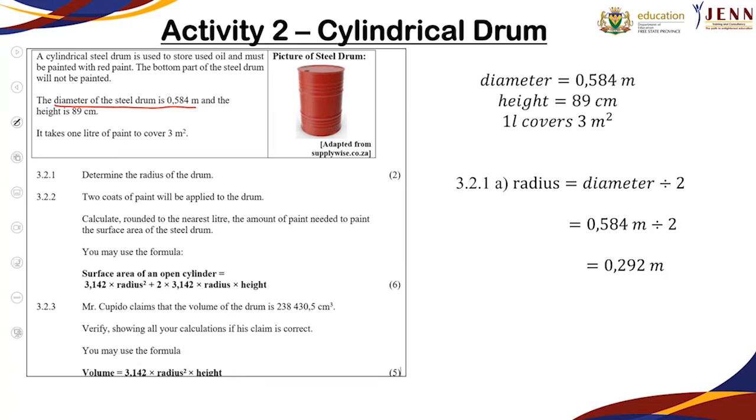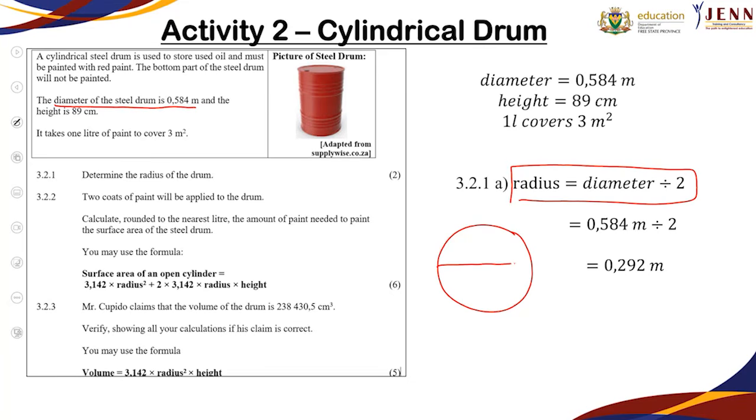Okay? So that's that. So I can use the diameter. What do I know about the diameter and the radius? I know that if I'm given the diameter, I can get the radius. How do I do that? That radius is equals to diameter divided by 2. So if I were to look at a circle, the diameter cuts across your circle. So that's your diameter.